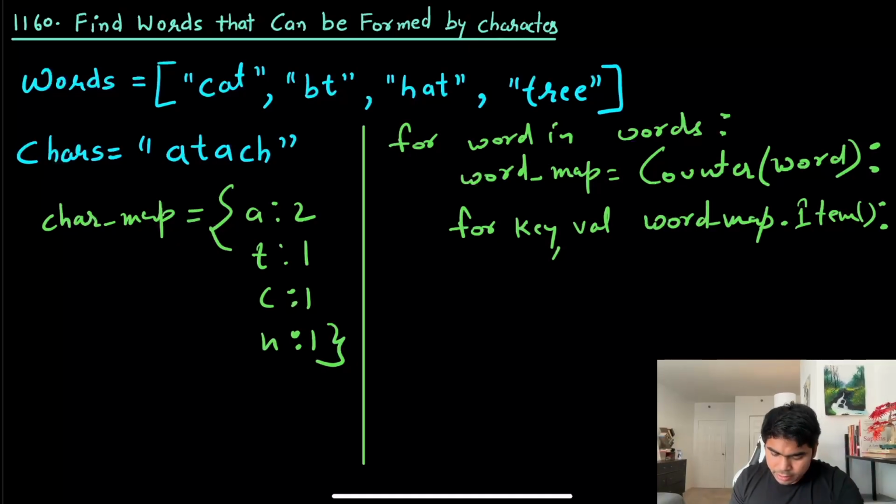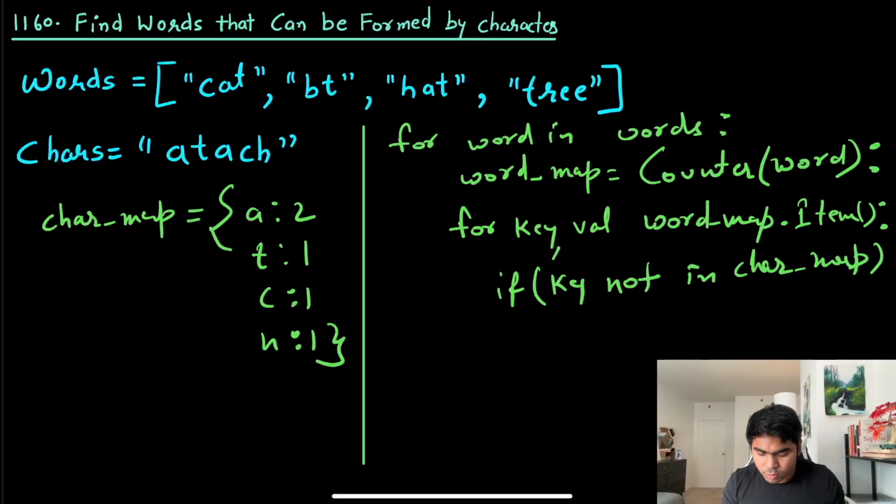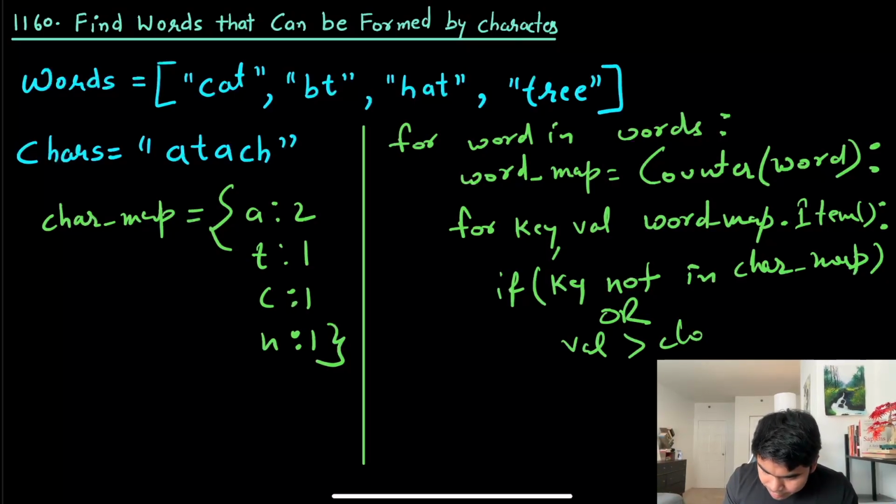What I want to check is if this key is not in my char map, that's one case. Another case is if this value is greater than the char map's value for that key.